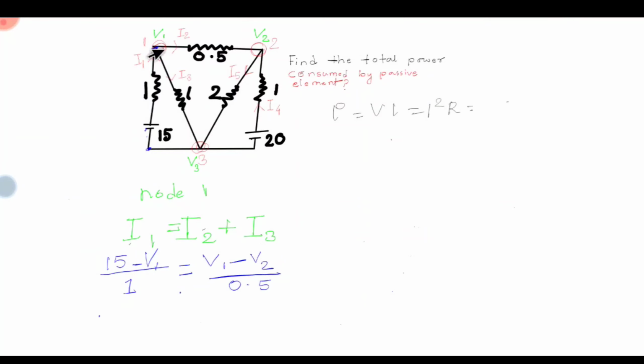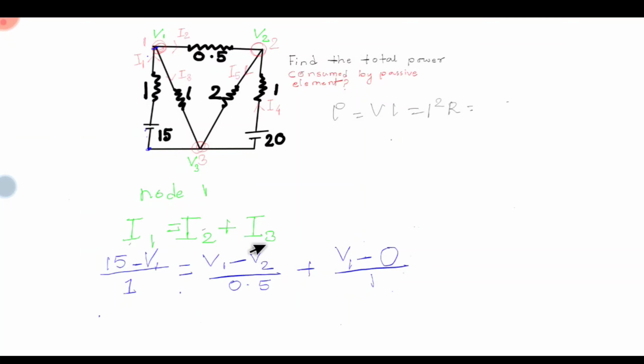For I3, going from V1 to V3, it is V1 minus V3. V3 is at ground potential, which is 0, so it is V1 minus 0 divided by the resistance 1. So this is our first nodal analysis equation.